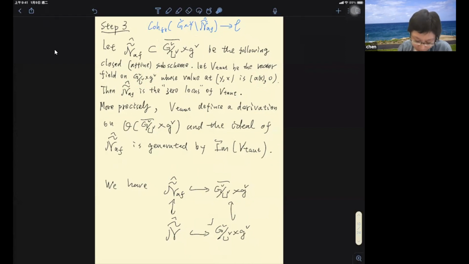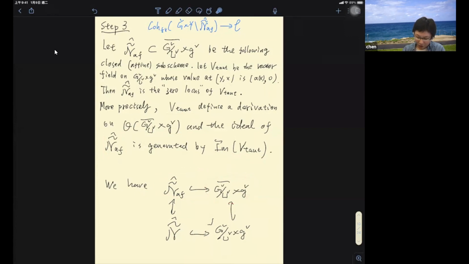But more precisely, because this is a singular thing, this vector field will define a derivation on the ring of functions, and the ideal of this subscheme is generated by the image of the derivations. That's the precise definition. So we have this affine closed subscheme of this product.